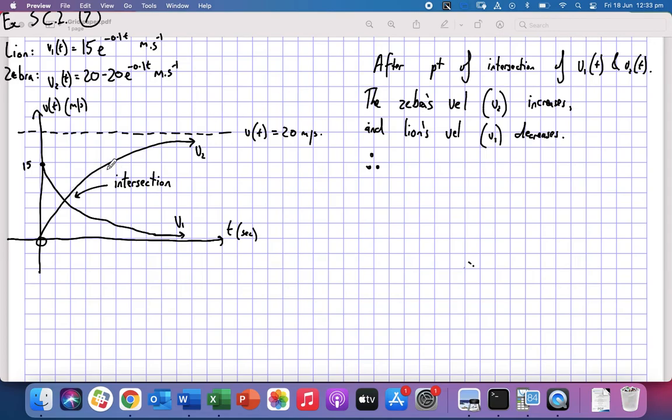So after the point of intersection, where the speeds are equal, the zebra's velocity would be increasing, lion's velocity is decreasing, therefore they can't get closer at that point. Okay?